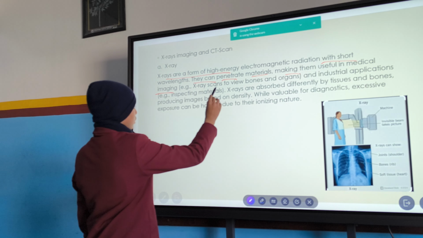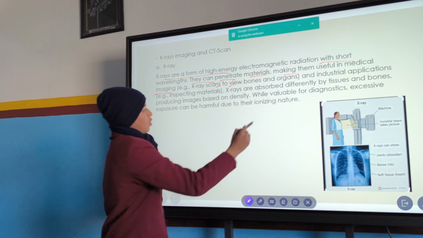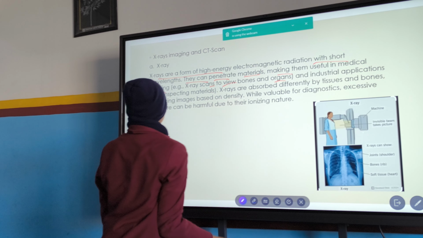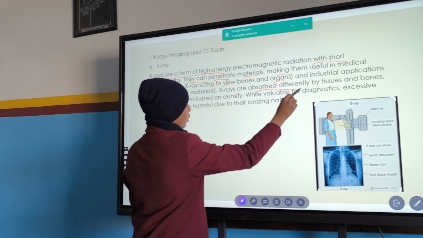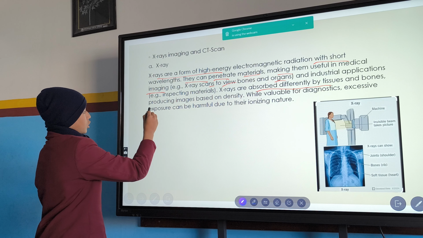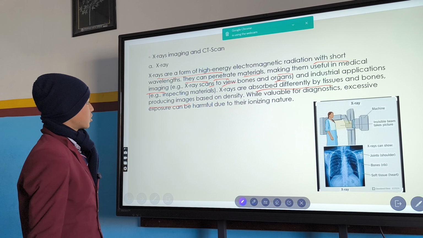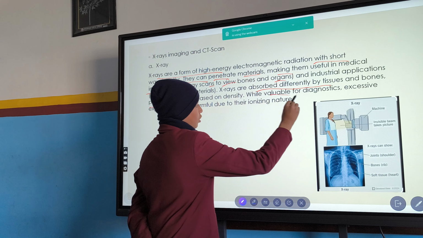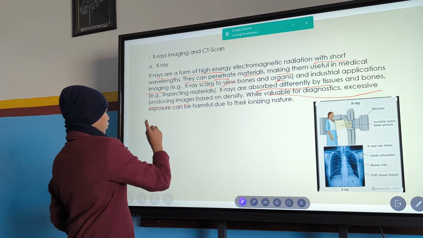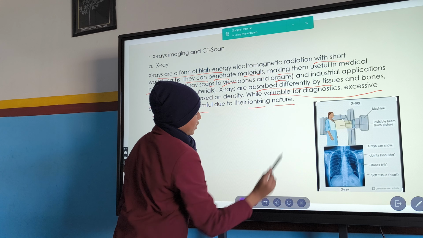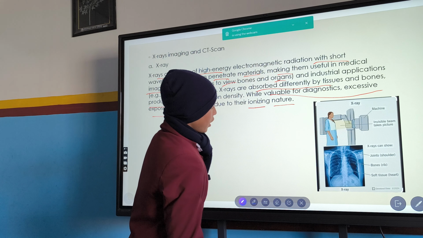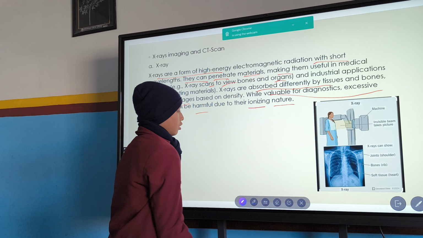Examples: X-ray scans to view bones and organs, and industrial applications, for example inspecting materials. X-rays are absorbed differently by tissue and bones, producing images based on density. While valuable for diagnosis, excessive exposure can be harmful. And these are the X-ray machines.